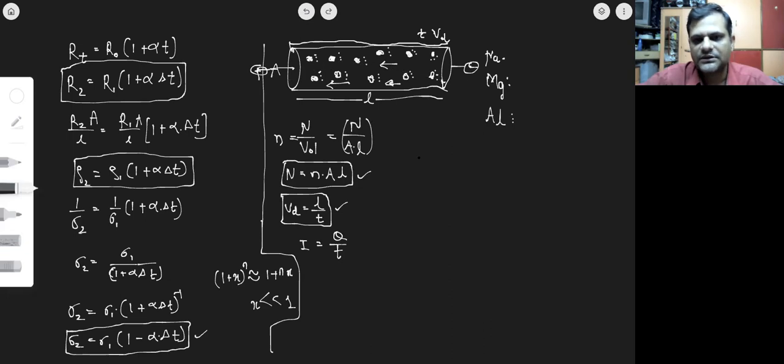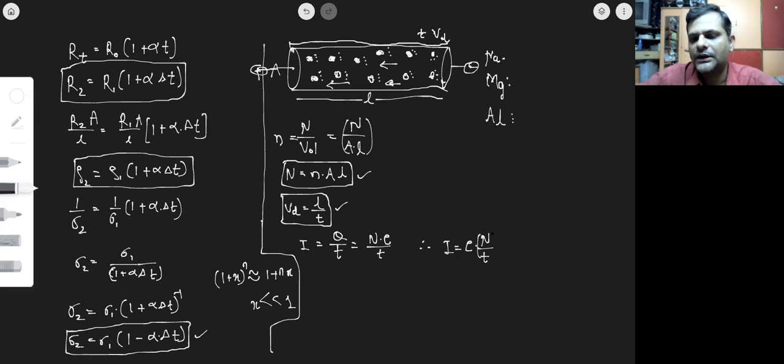So if you consider the total charge in this conductor to be capital Q, which is going to be the number of electrons, capital N, multiplied by the electronic charge e, divided by time t, then we can express the current as total number of electrons into electronic charge upon time, because charge itself is the number of electrons into electronic charge. So this formula can also be expressed in this way: I is equal to e into the number of electrons passing per unit time.